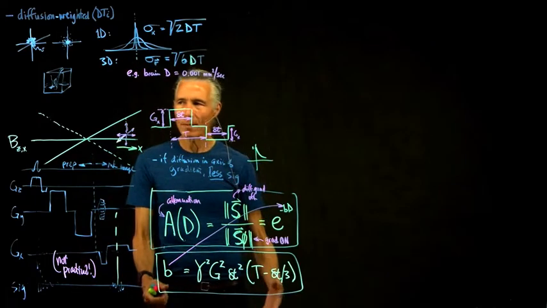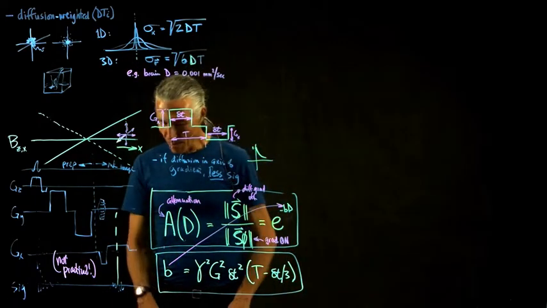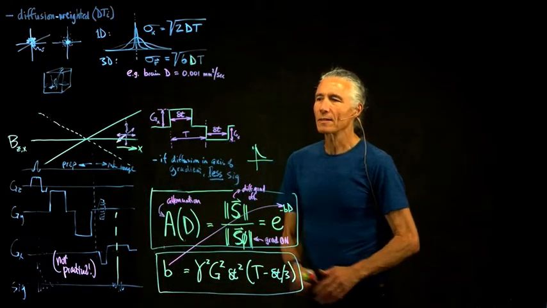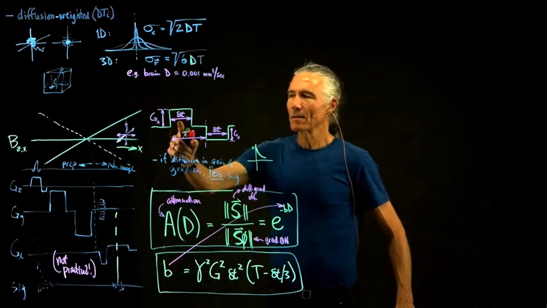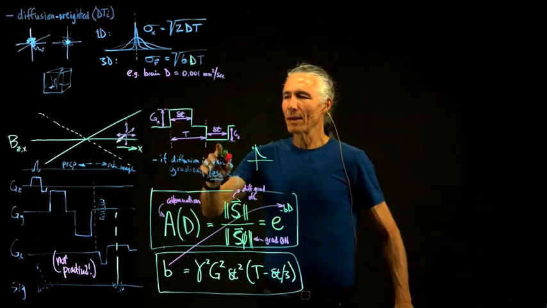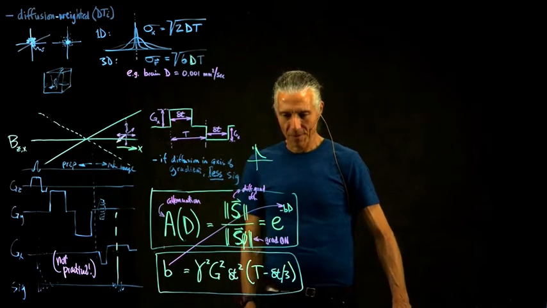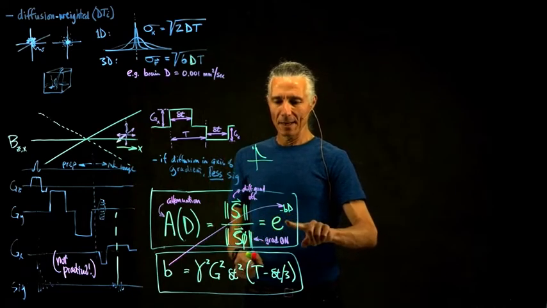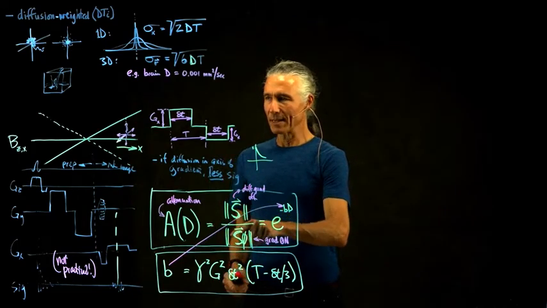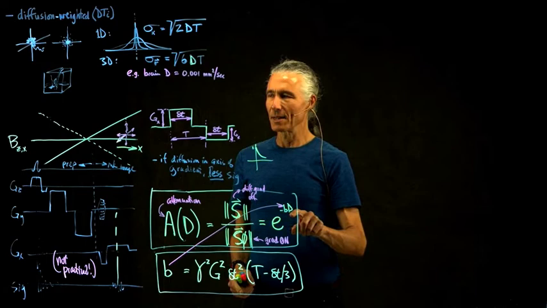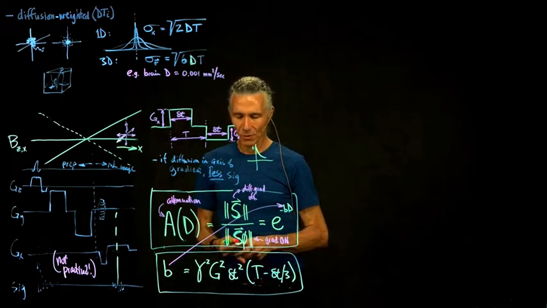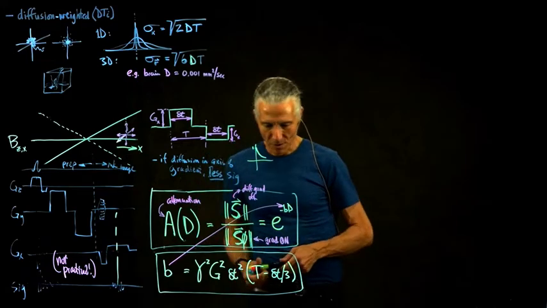So it's a single number that tells you how much diffusion weighting this particular opposite gradient setup is going to give you. Then we plug that into this equation, collect two data sets, and solve for D to figure out what the apparent diffusion coefficient is.